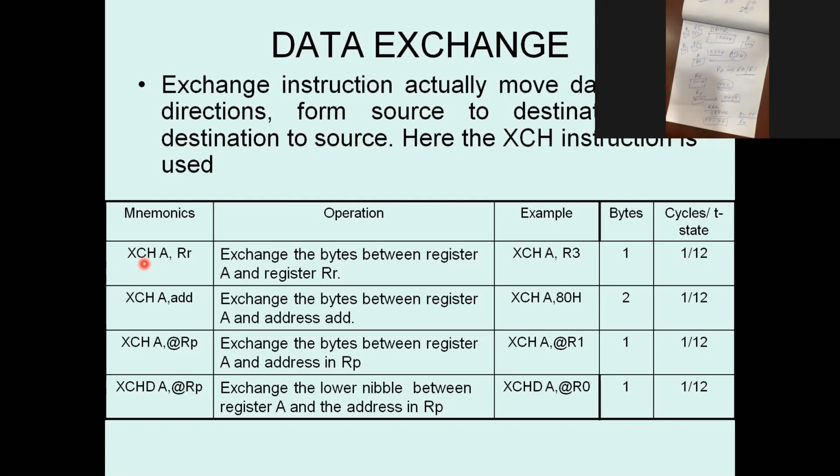Rn means any register from R0 to R7, so I am assuming this is R5. The data is exchanged between these two. Is it clear? Any doubt?